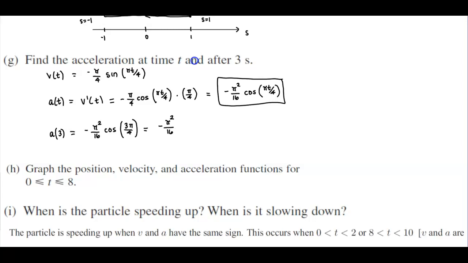And the cosine of 3 pi over 4 is negative square root of 2 over 2, which is equal to pi squared times the square root of 2 over 32, and this is approximately 0.44 feet per second.